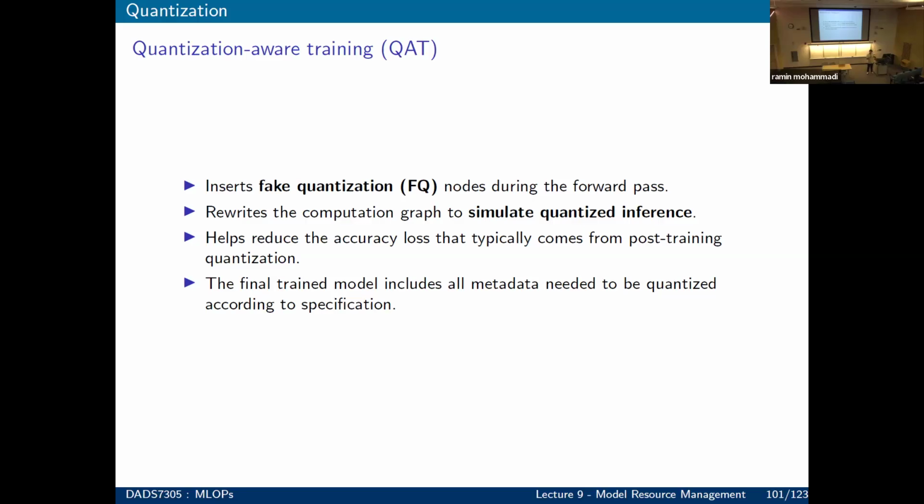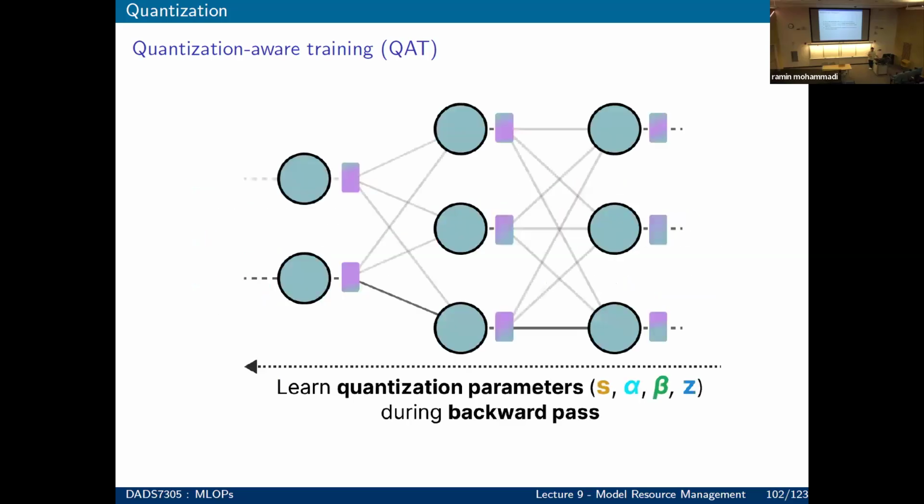So I want you to learn the parameters such that after quantization, the impact of quantization is not high. The definition is that you build fake quantization during training, so later, when you quantize it, the error is not going to increase.